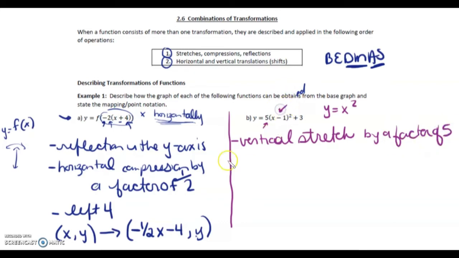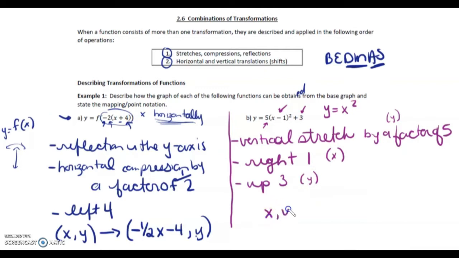Okay, this negative 1, this is going to the right one. Okay, that's obviously affecting the x. Right one, yeah. Vertical, that's obviously affecting the y. Okay, and then the 3, that's going to go up 3. So that's going to affect the y as well.